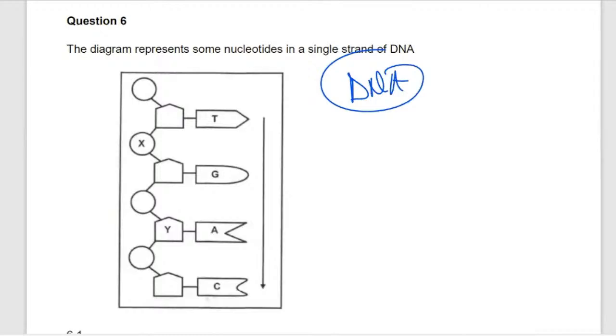DNA is a double helix made up of two strands. It's made up of nucleotides, which are made up of phosphate, deoxyribose sugar, and nitrogenous bases. Talk about the nitrogenous bases, talk about all of that.